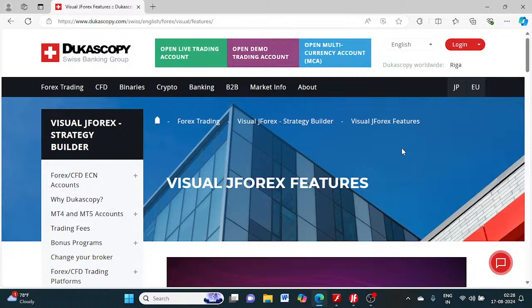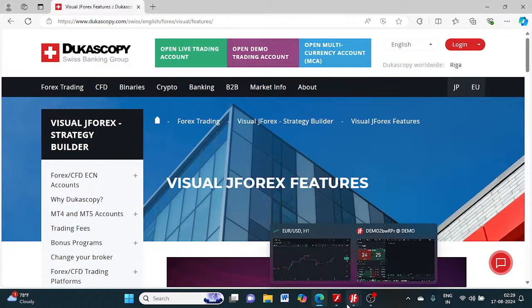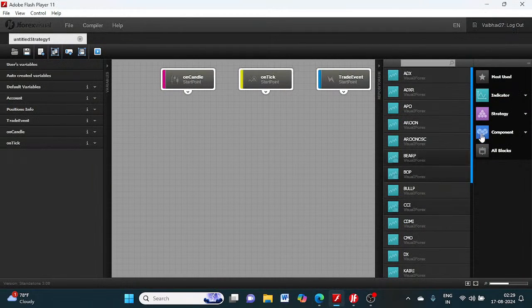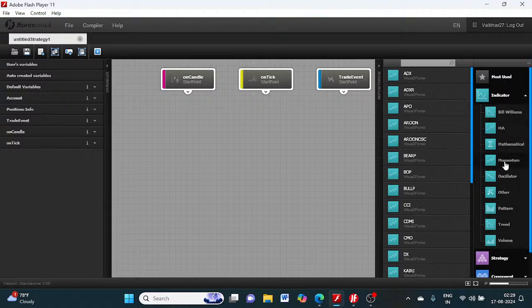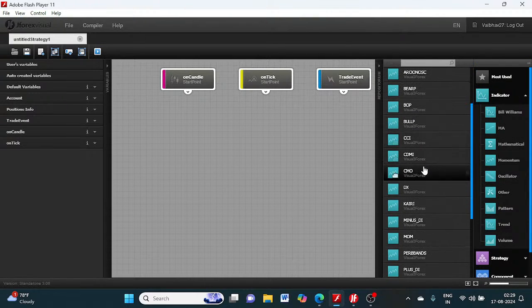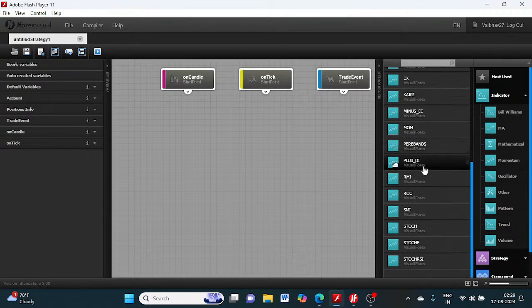Now let us go to the Visual JForex platform where this indicator, stochastic, is listed amongst the momentum indicators. This is the list of the momentum indicators, and here at the bottom you will find these three indicators which are different versions of the stochastic: the simple one, the stochastic fast, and the stochastic RSI.